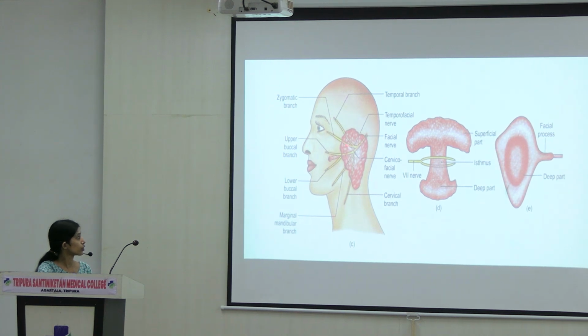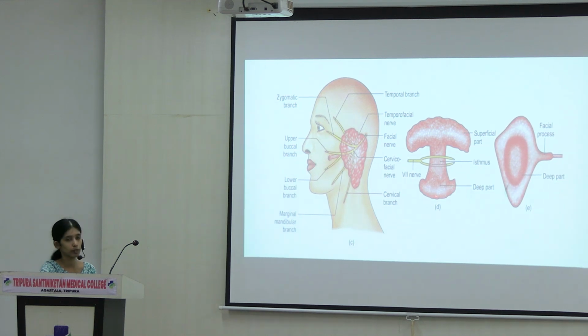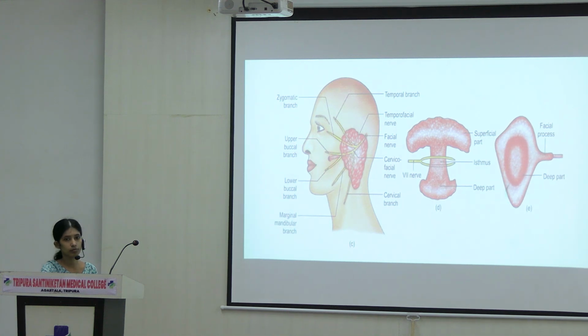It is dividing into five branches. And this picture shows the division of the gland into two parts by the facial nerve. The seventh nerve is the facial nerve and this is the isthmus part. This is the superficial part and this is the deep part. And this is the facial process. Any doubts? Any doubts in the relations?